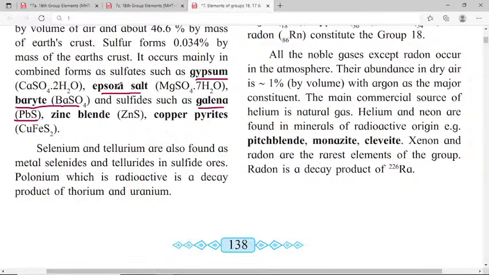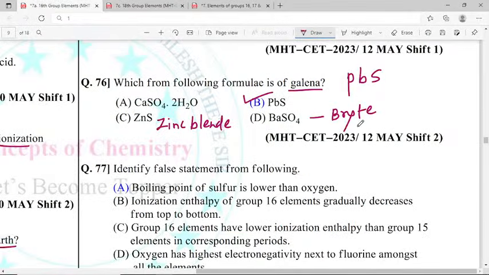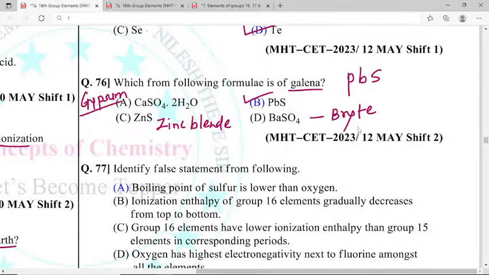Magnesium sulfate, Epsom. Very important, never forget. So many times the same question has been asked.